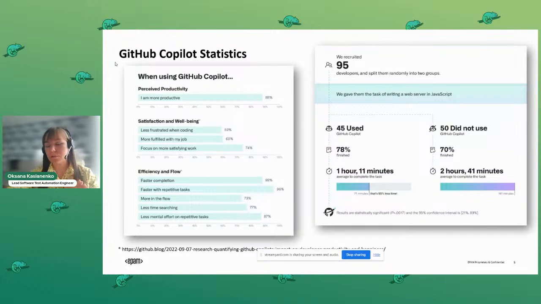The second worked without Copilot, and as a result, the completion time of the task was twice less when the team used the Copilot tool. To be honest, even in this task, you may notice that Copilot increased developer productivity even by 50%.